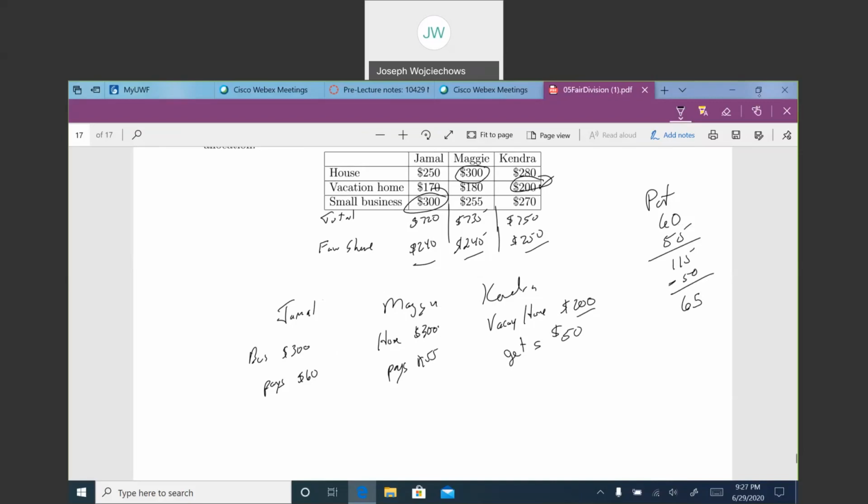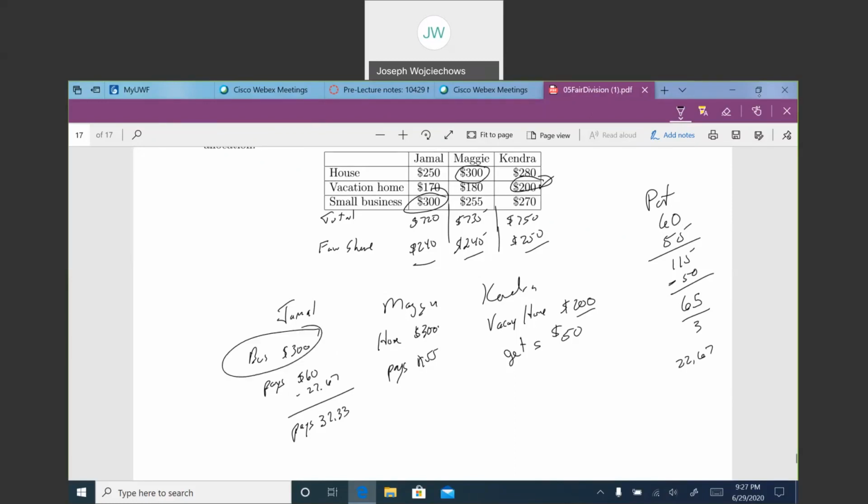So that means we take that and divide it by 3, and we get 22.67. So now everybody's going to get 22.67 thousand. So essentially what we do is subtract 22.67, and I get 32.33.